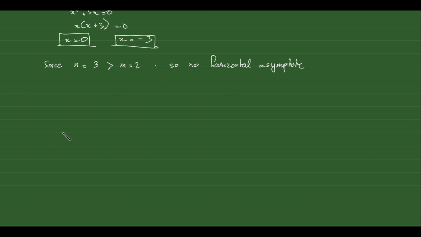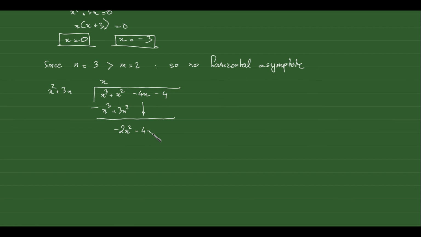Let's do the division. We're gonna do long division: x squared plus 3x into x cubed plus x squared minus 4x minus 4. x squared going to x cubed gives you x, x cubed plus 3x squared. With subtraction, you gotta master long division. Drop it down, minus 2x squared minus 4x.